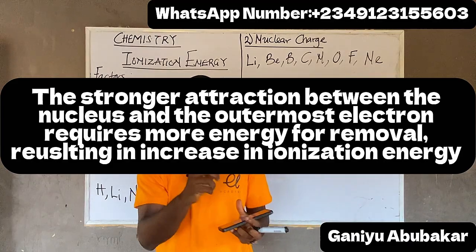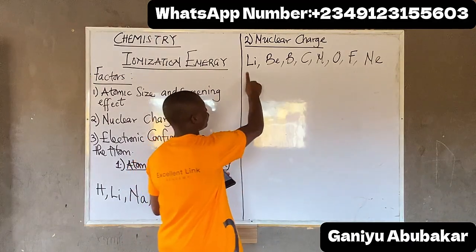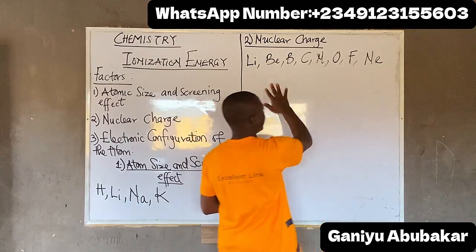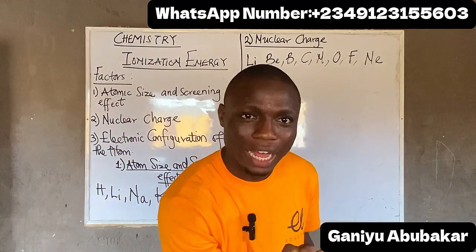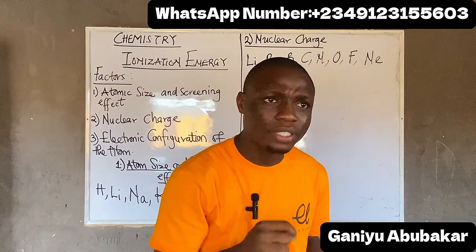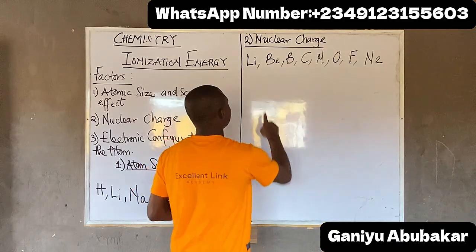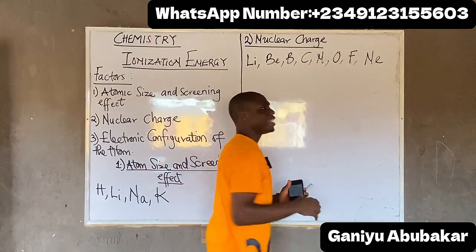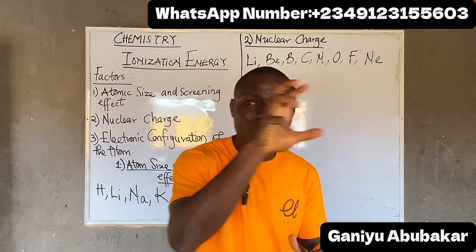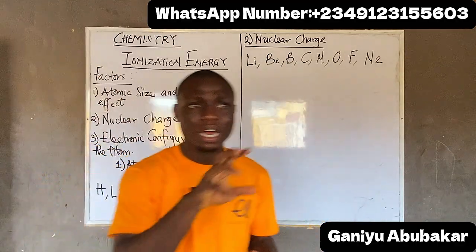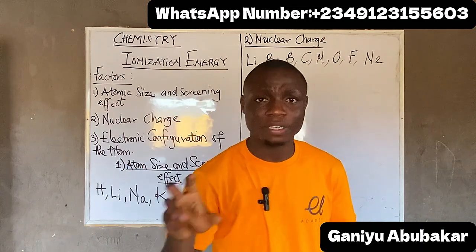If you observe the structure for all these elements in the second period, you observe that they are closer to the nucleus. If you draw all these, the atomic size are not that big. They are consistent, they have a consistent pattern.